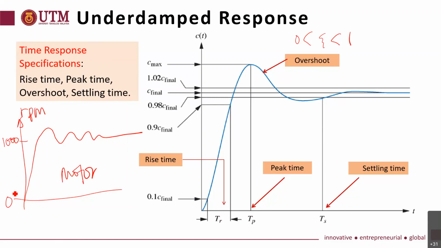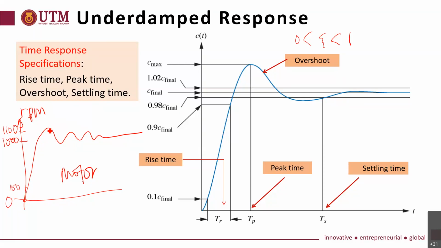If the system has an underdamped response, the motor will start to rotate from 0, perhaps at this point 100 RPM, 200, 300, 1000, but because the motor is an underdamped system, it exceeds 1000, perhaps goes to 1100 RPM.